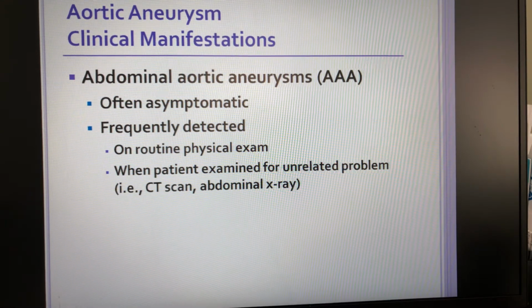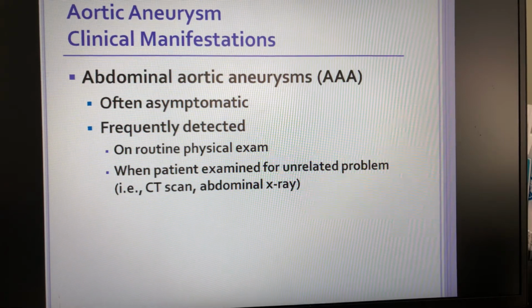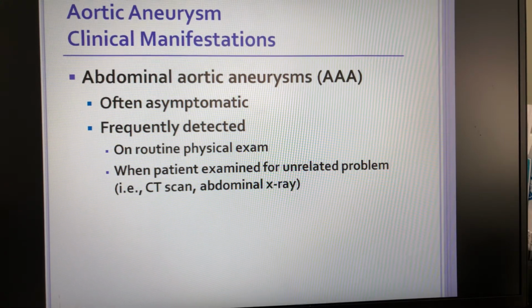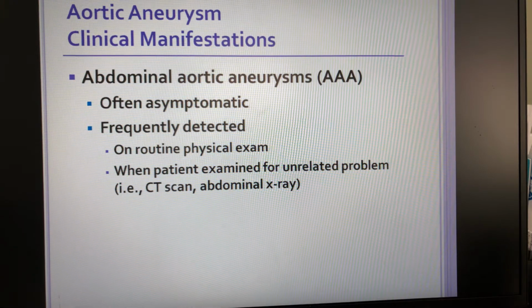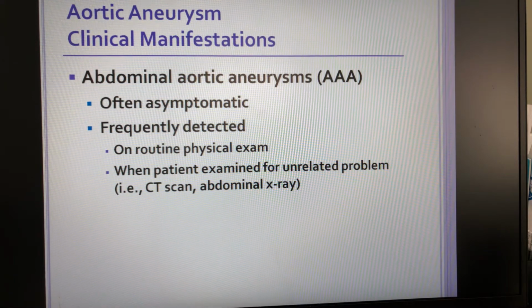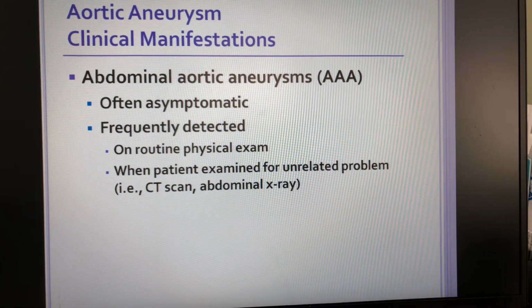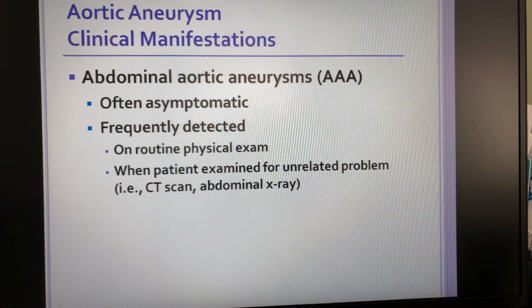A pulsatile mass in the periumbilical area, slightly to the left of the midline, may be present. You also may be able to auscultate a bruit over the aneurysm, and physical findings are sometimes more difficult to detect in patients who are obese.